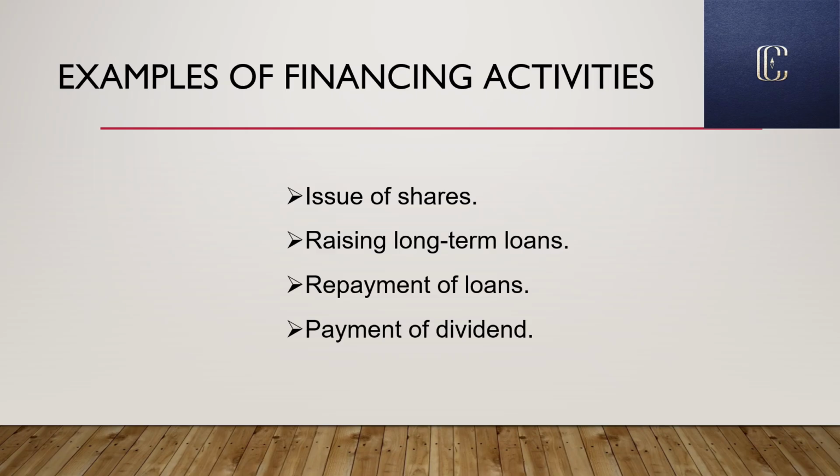The third one is the repayment of loans. When the loan amount is repaid, cash goes out of the business. This is cash outflow. The fourth example is payment of dividend. Dividend is profit paid to shareholders.